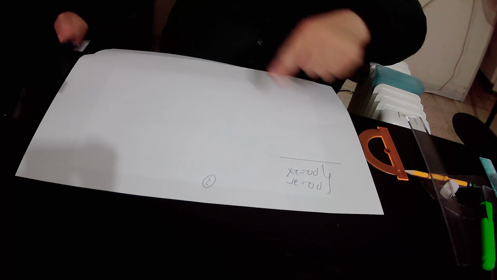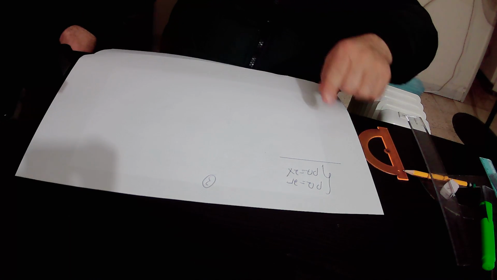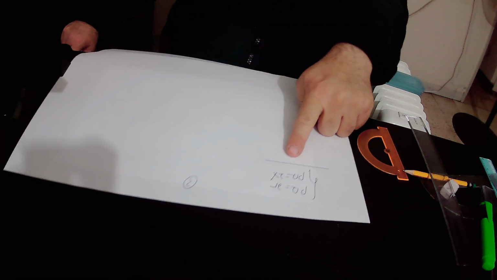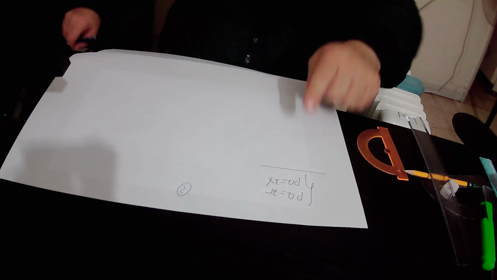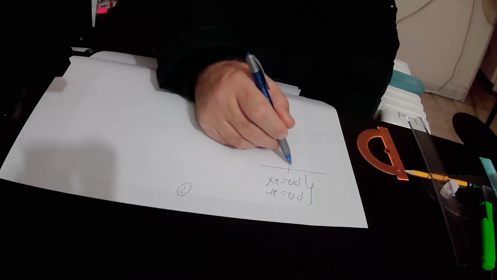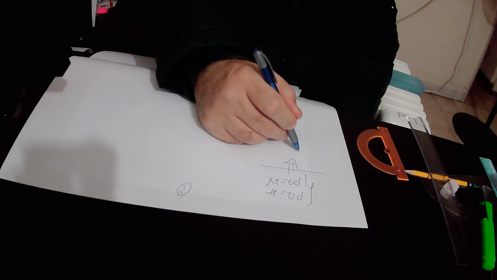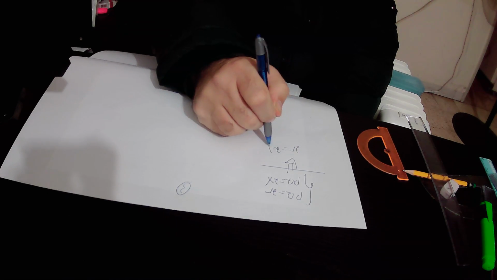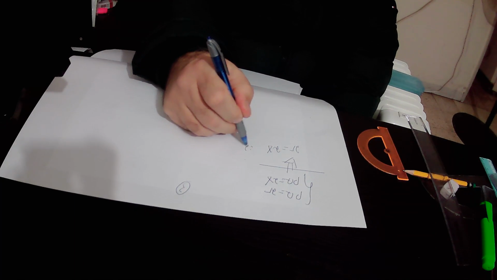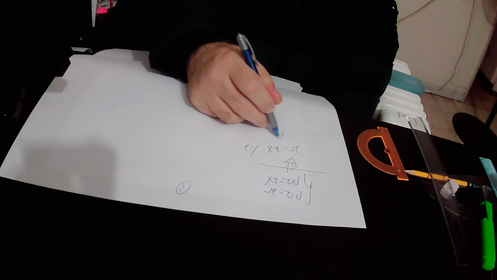So from those two equations, we derive that 2r equals 2x. We divide this equation by 2, and we get that r equals x.